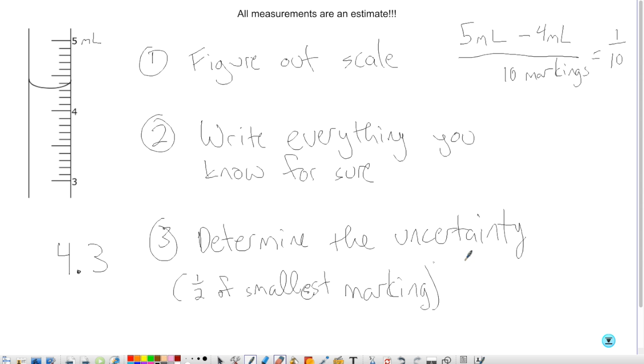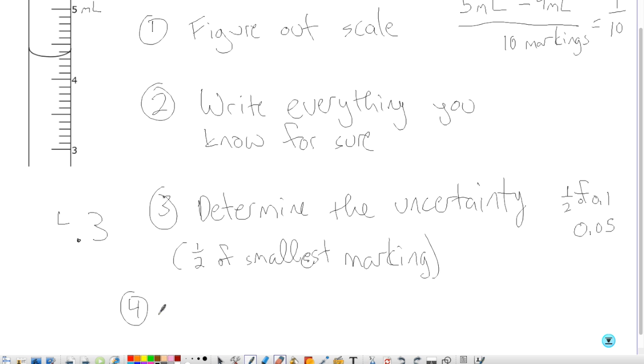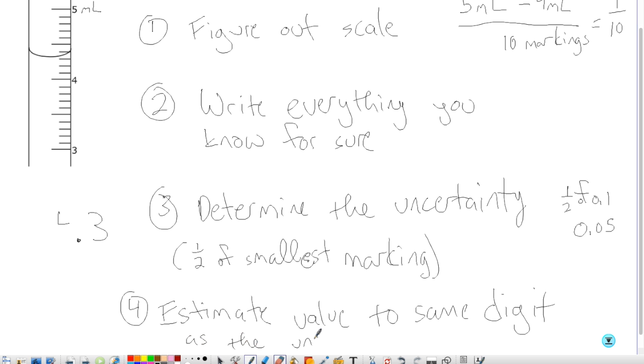So in this case, my uncertainty is 1/2 of 0.1, which is 0.05. So that's interesting, because you now have to estimate the value to the same digit, the same place, as the uncertainty.